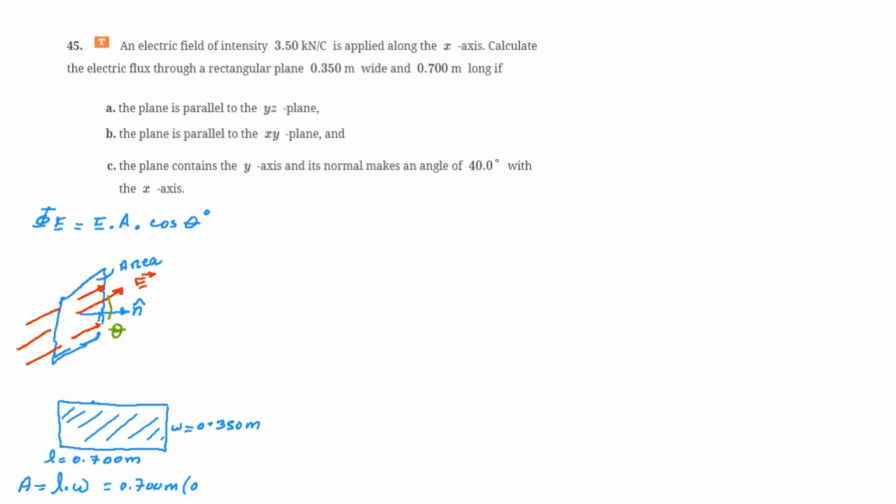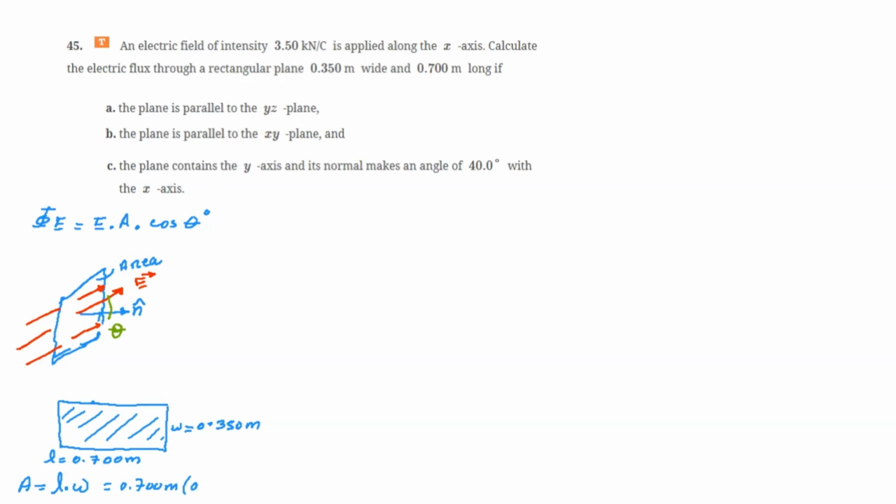Now, the electric field is in the direction of the positive x-axis. So the electric field is like this, and it's 3.50 kilonewton per coulomb. Now, the normal to the plane is in the same direction as the electric field.